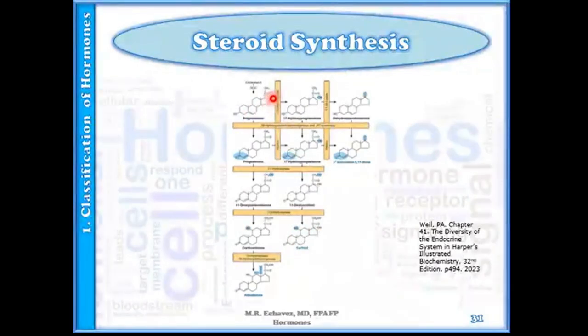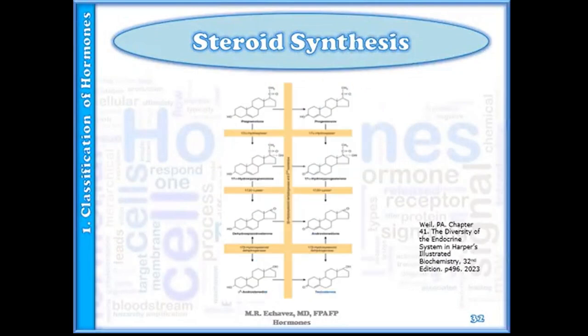But if there's no hydroxylation at carbon 17, then it will favor the pathway leading to the formation of mineralocorticoids. I mentioned here that 17,20 lyase cleaves 2 carbons, which I said would lead to the androgens, the pathway forming your androgens.